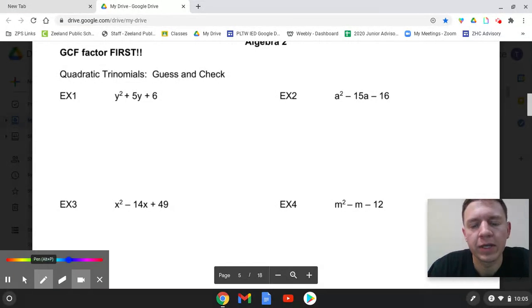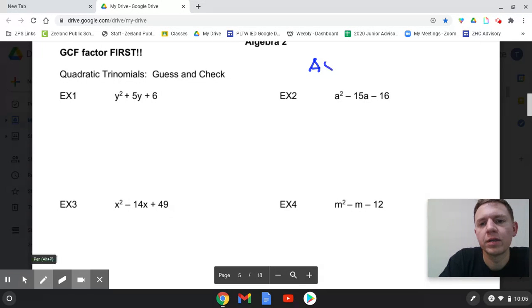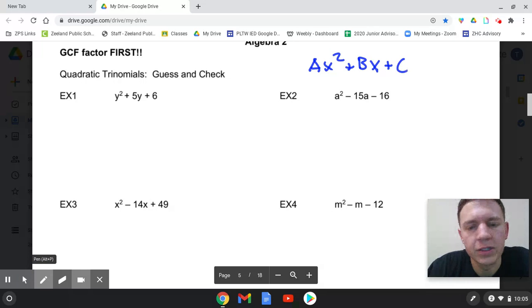In fact, these are in the form of ax squared plus bx plus c, where a, b, and c are just numbers. So it's x squared, x, no x. And for this lesson, we're only going to do problems where a is 1. Notice none of these on your screen right now have a number in front of the squared term.